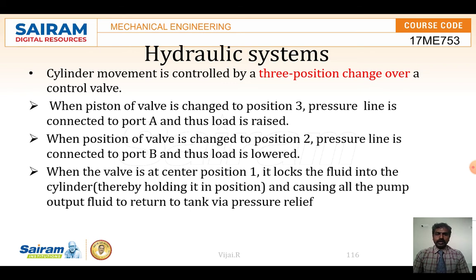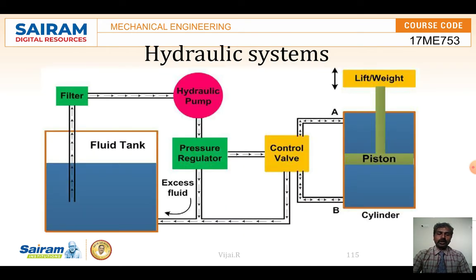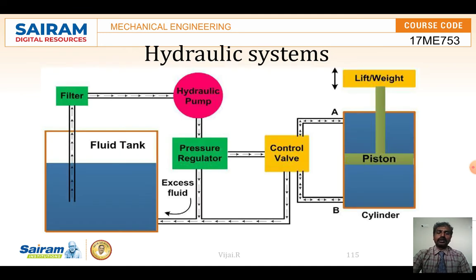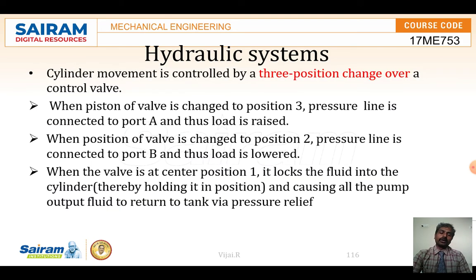Here is the three position valve, with positions 3, 2 and 1. In position 3, the pressure line or fluid line is connected to port A, so the load is raised. When the valve is changed to position 2, the flow goes in the other direction, so the load is lowered.